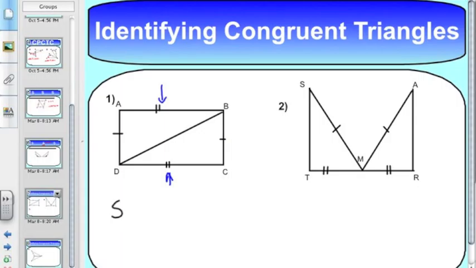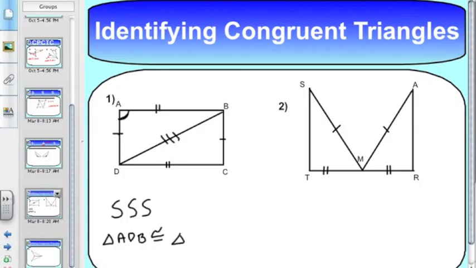So now I'm thinking, okay, maybe I've got something that looks like side, side, right? And I'm like, okay, well, what else do we know? Well, we do know that it has the shared third side. So therefore, this is side, side, side. And so now, what is our triangle congruent statement? Well, you could say triangle ADB is congruent to triangle. And be careful here. What does A correspond to?